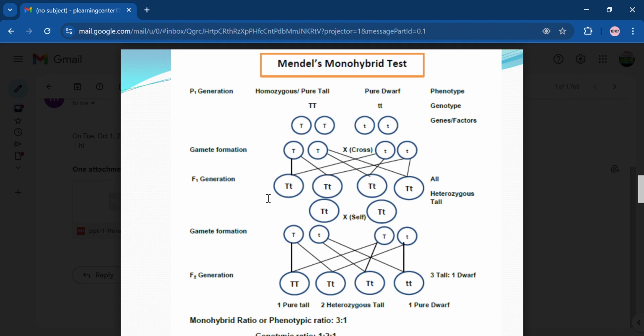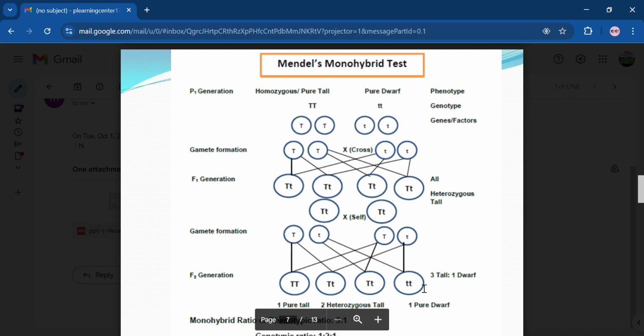When this F1 generation undergoes self-pollination, capital T small t crosses with capital T small t. Each gives gametes capital T and small t. When capital T crosses with capital T, it gives capital T capital T. When small t crosses with small t, it gives small t small t.